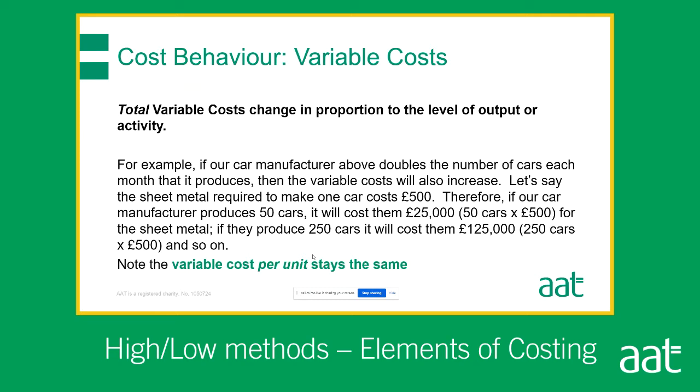Therefore, if our car manufacturer produces 50 cars, it will cost them £25,000, 50 cars times £500 per car, for the sheet metal. If they produce 250 cars, it will cost them £125,000, and so on. Note that the variable cost per unit stays the same. So that's our variable costs.